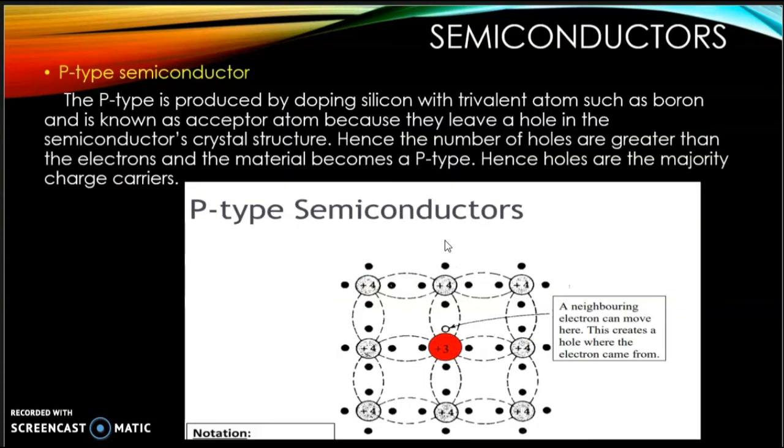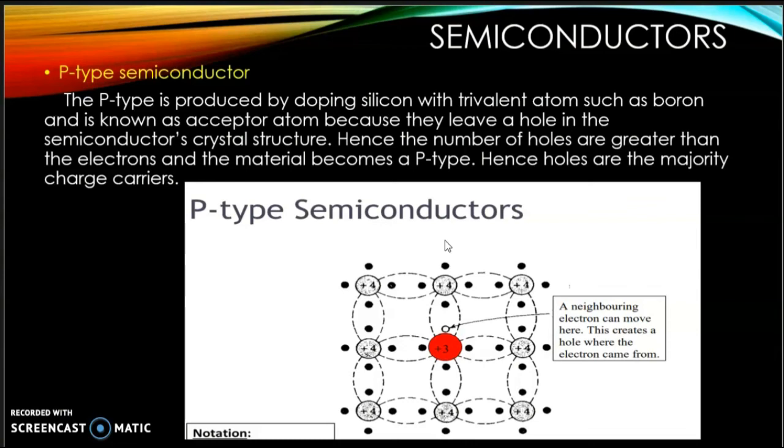extrinsic semiconductor. Now p-type semiconductors, we are doping with a trivalent impurity. What do I mean by a trivalent impurity? Meaning the dopant we are using here has 3 valence electrons on the valence band, or it has 3 electrons on the outermost orbit.